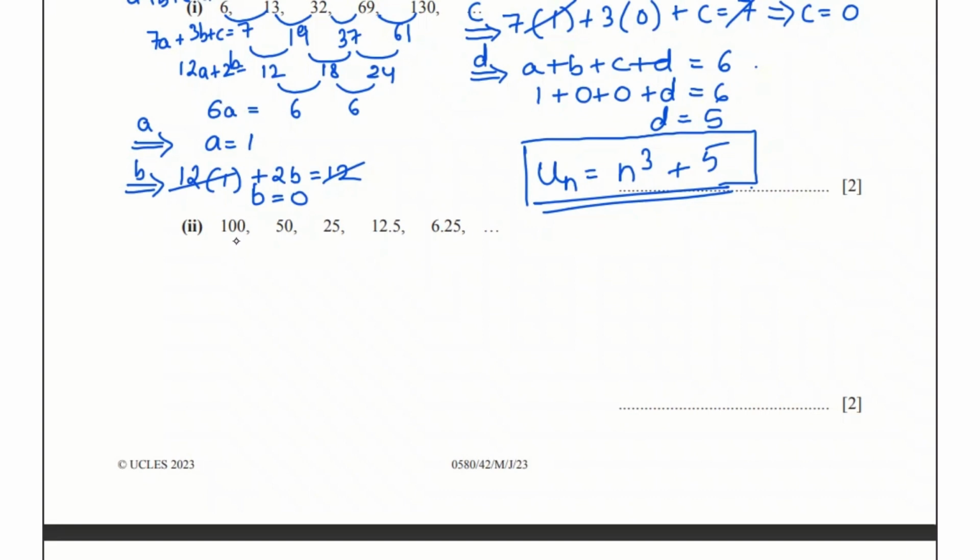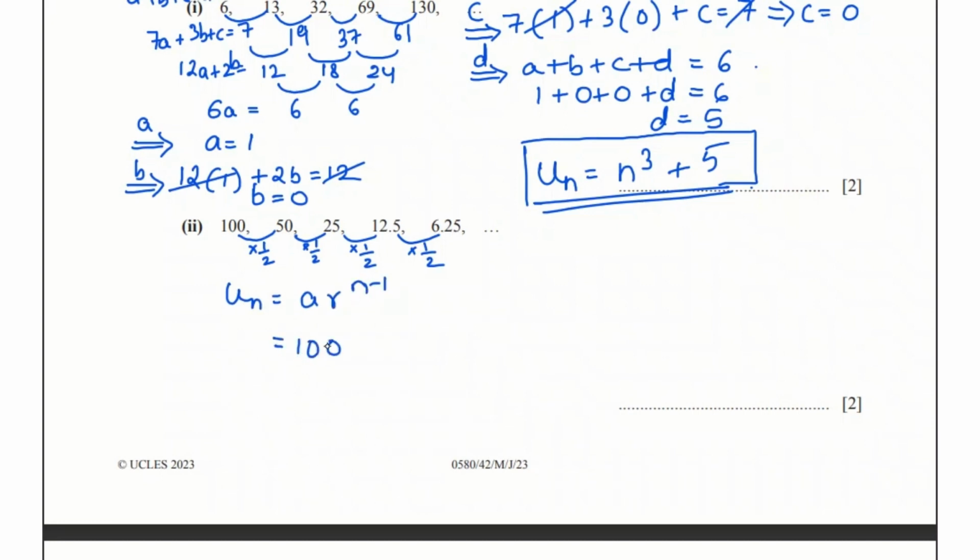Okay, here it is: all multiply by half, multiply by half, multiply by half. So this is a geometric sequence, so we will use a r to the n minus 1.